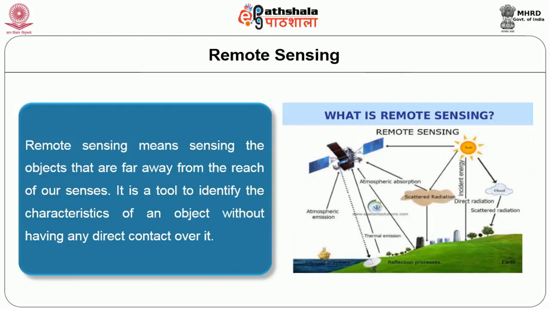NASA has developed a lot of satellites to capture images of the celestial bodies in and around space. We cannot see them with direct eyes. We can see them only through the images produced by NASA and published in newspapers. So it's a kind of tool. Remote sensing technology can be done only with the help of tools that can capture the image or identify the characteristics of an object without any direct contact with it.